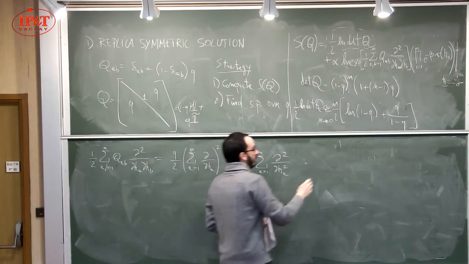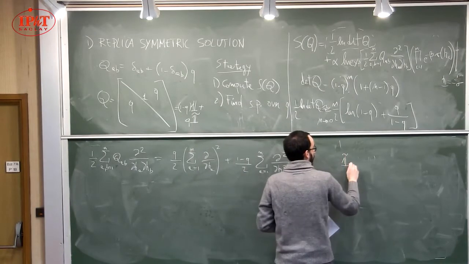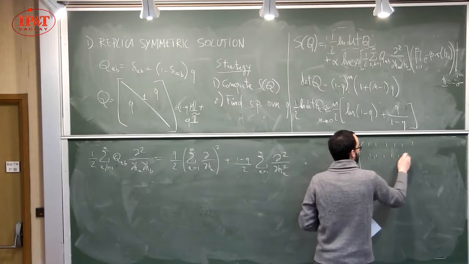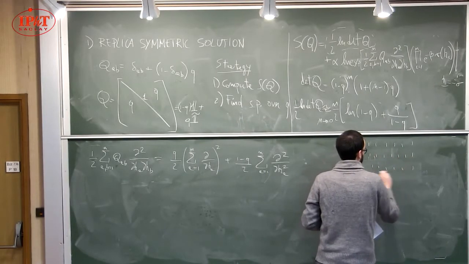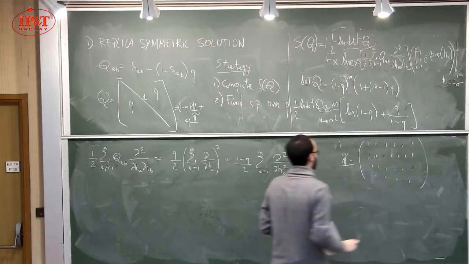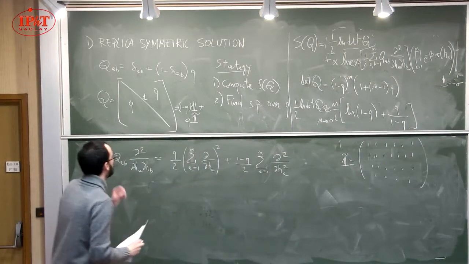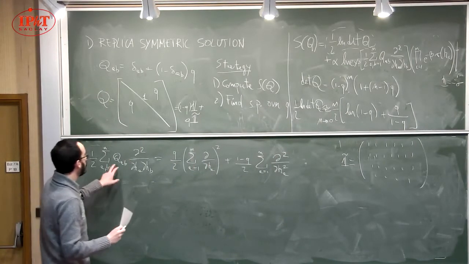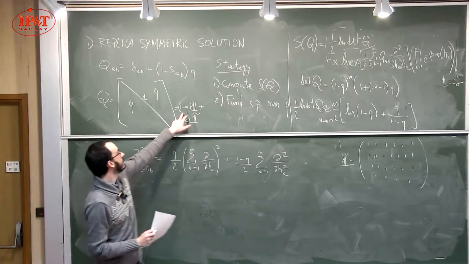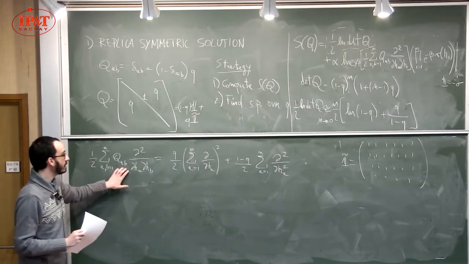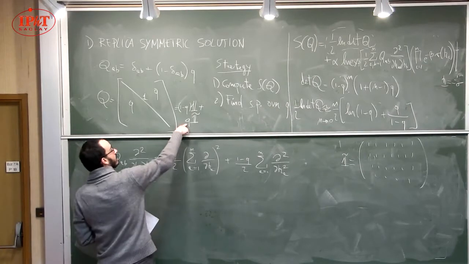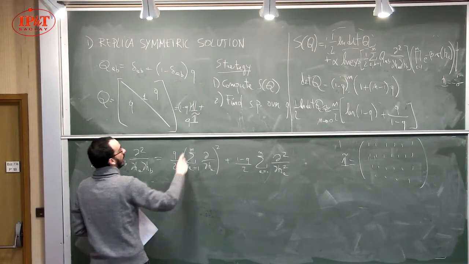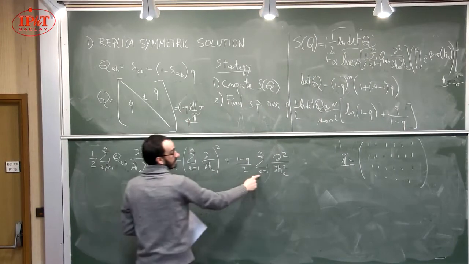And this 1 tilde is a matrix that is full of 1. And therefore, when you plug this inside this expression, then you have just this term, right? And then when you take this, you have just this term.